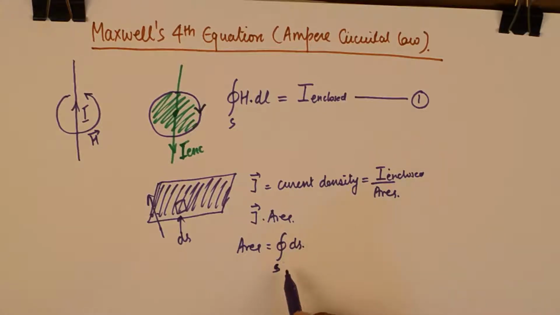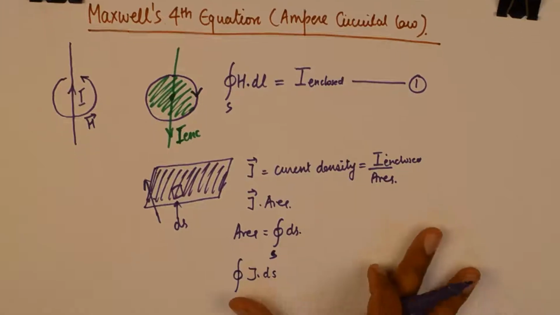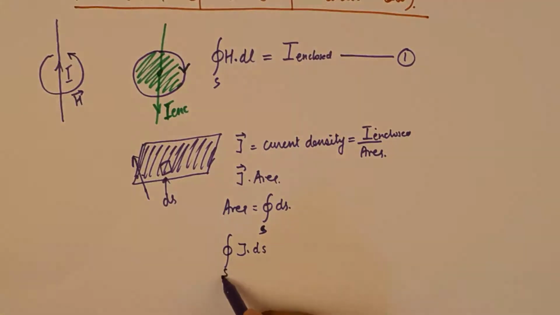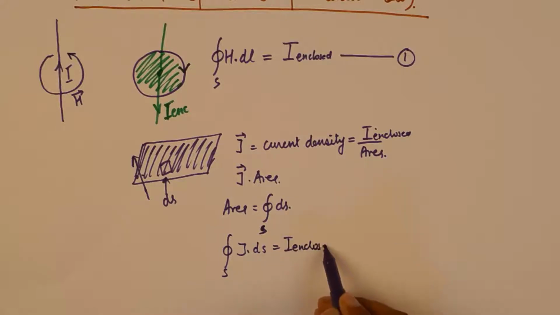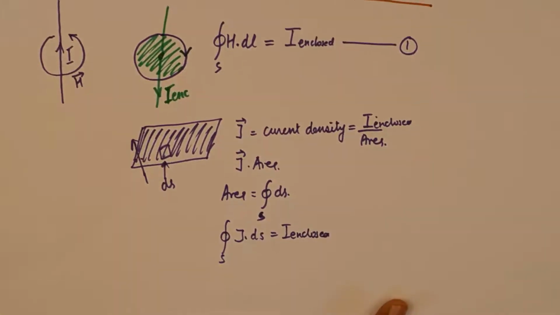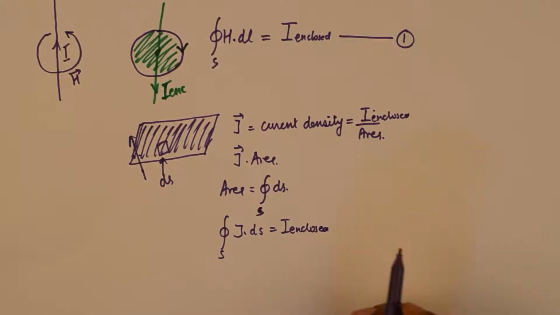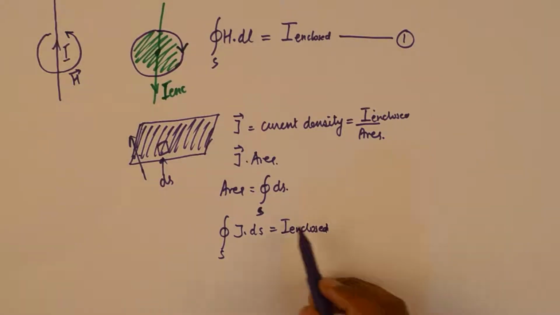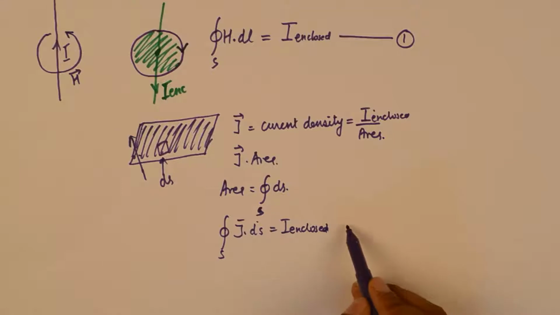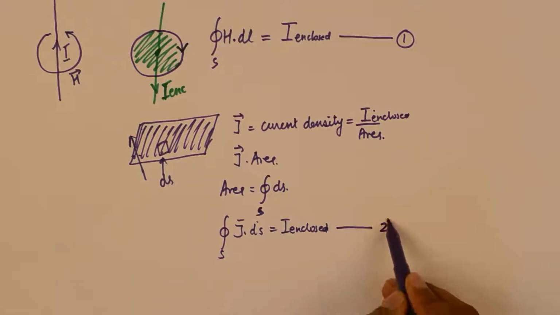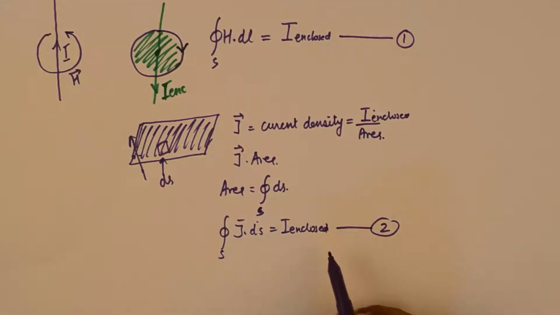So a little rearrangement gives me J dot ds to be equivalent to current enclosed. Now I'll mark this expression as 2. This expression is nothing but a way of expressing current in terms of current density.